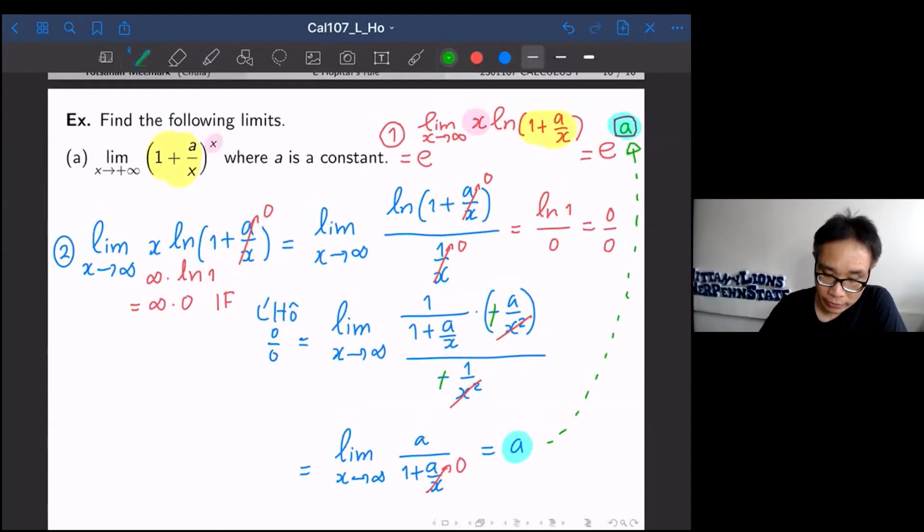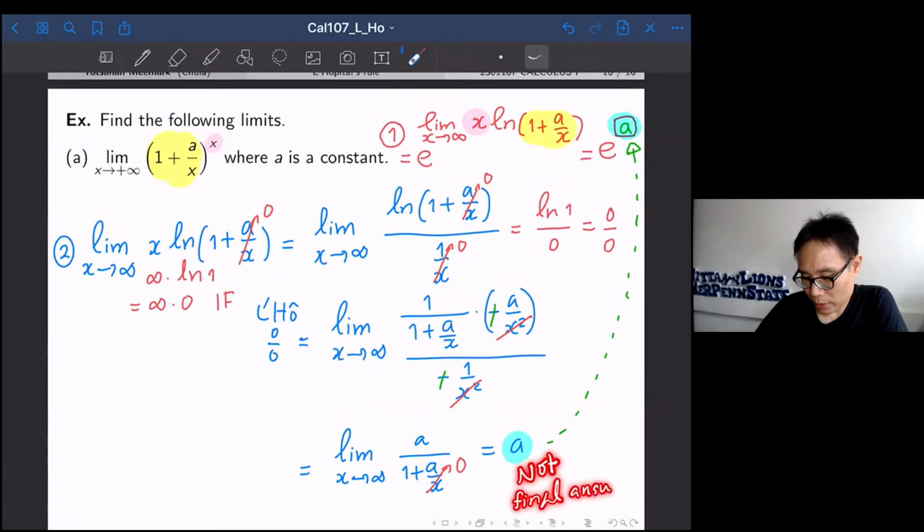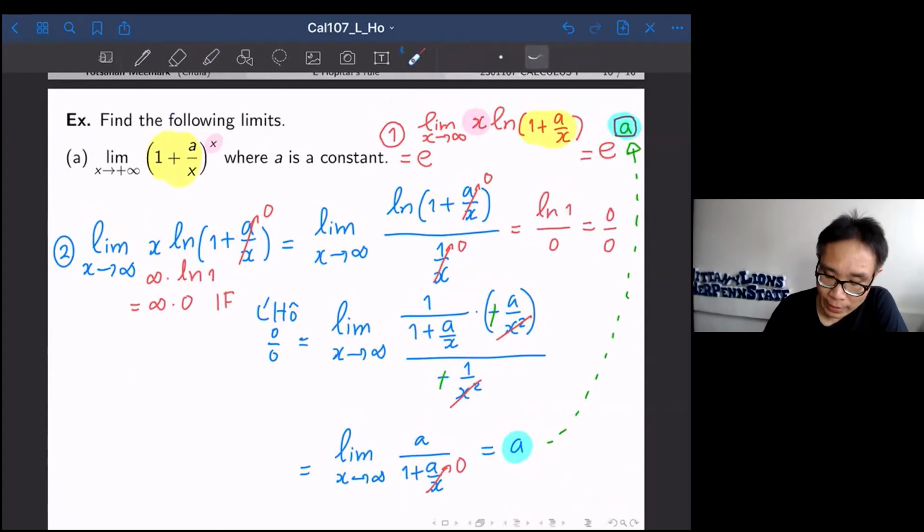The final answer is not equal to this, not the final answer. You have to plug a back here, so the final answer becomes this one, e to the a.